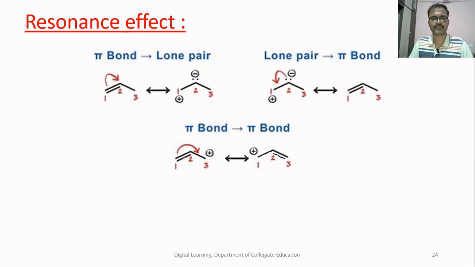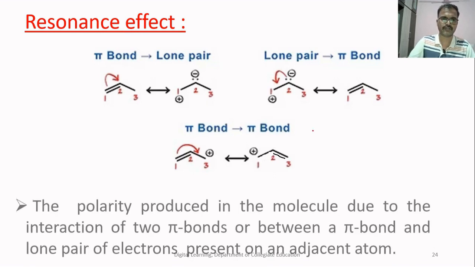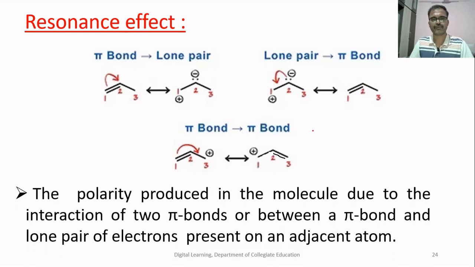In the third case, there is an interaction between a pi bond and a pi bond. All these kinds of interactions lead to polarity in the molecule, and this is what we call resonance effect. That means the polarity produced in the molecule due to the interaction of two pi bonds or between a pi bond and a lone pair of electrons present on an adjacent atom is called resonance effect.